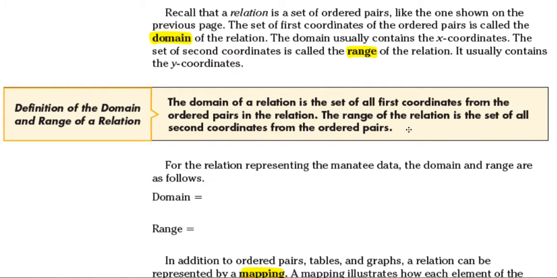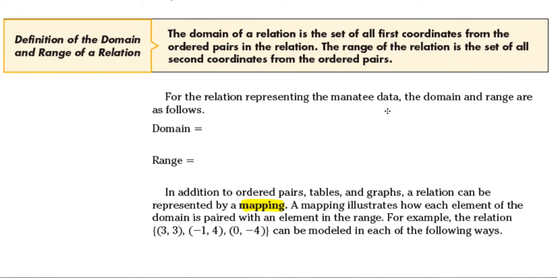So basically, your x coordinates will be your domain, and your y coordinates will be your range. For the relation representing the manatee data, the domain and range are as follows.